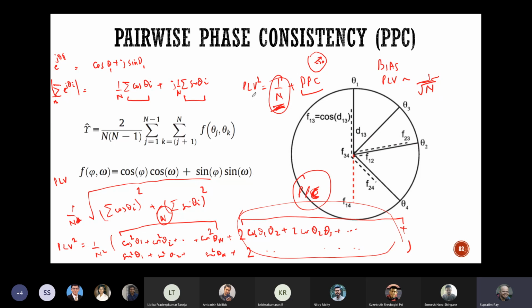And if you're comparing across conditions, let's say hits versus misses, hits 30 trials and misses 10 trials, the difference in n is just going to play a big role if you are using a measure like coherence. But you can use PPC, and it doesn't depend on n, because it's a pair-wise phase consistency measure. It at a time only cares about pairs of phase differences. Sorry, phase difference between pairs of vectors.